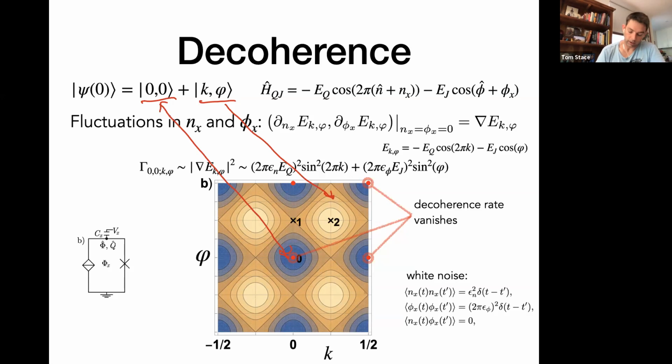So there's a bit of maths behind this, but essentially the dephasing rate, gamma, of such states, superpositions of the ground state and any other state, go like sine squared of 2 pi k plus some constants times sine squared of phi, the quasi flux. And sine obviously vanishes at certain points, and that's where these red dots are. So the critical points in the energy landscape actually are decoherence free spaces in as much as they reject noise at linear order.